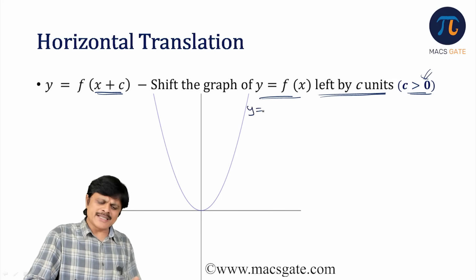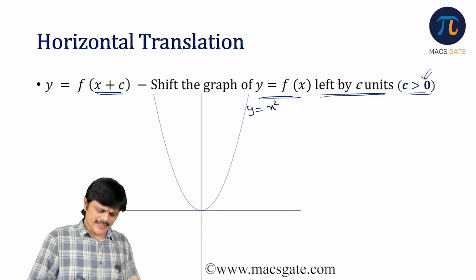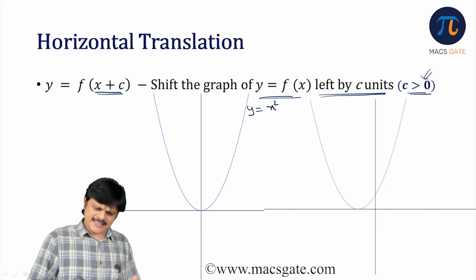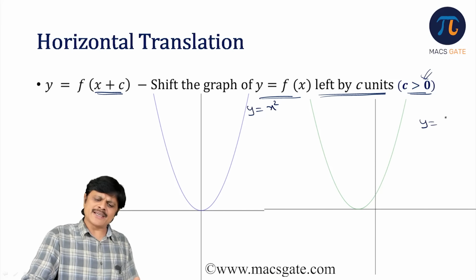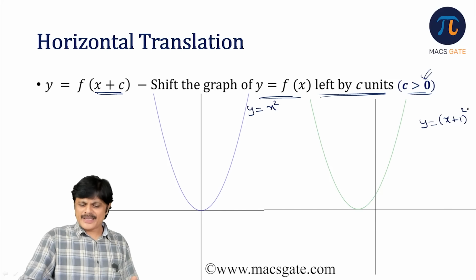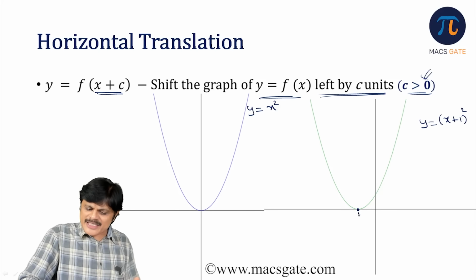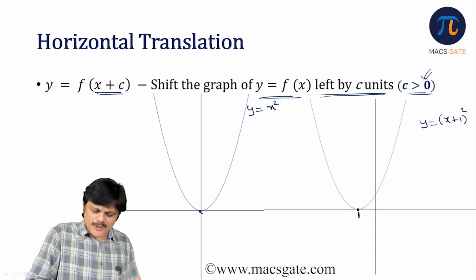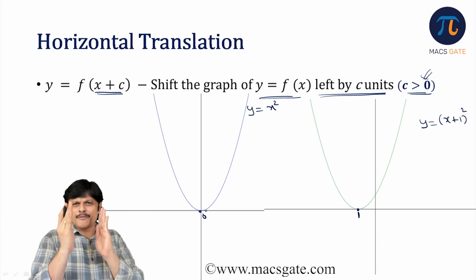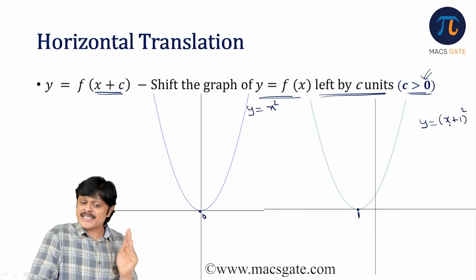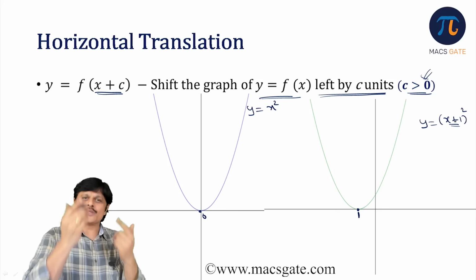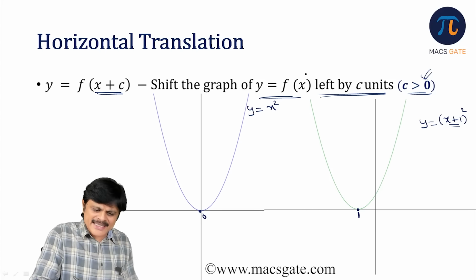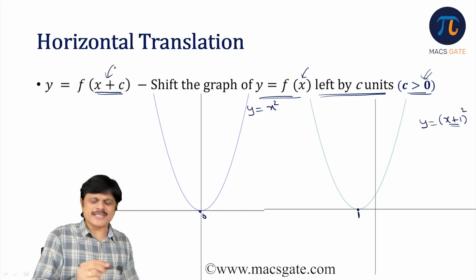This is your y equals x square. Now this is y equals (x plus 1) whole square. It will pass through minus 1 instead of passing through the origin. One unit left side it will shift when it is x plus 1 whole square, because in place of x you are putting x plus 1.